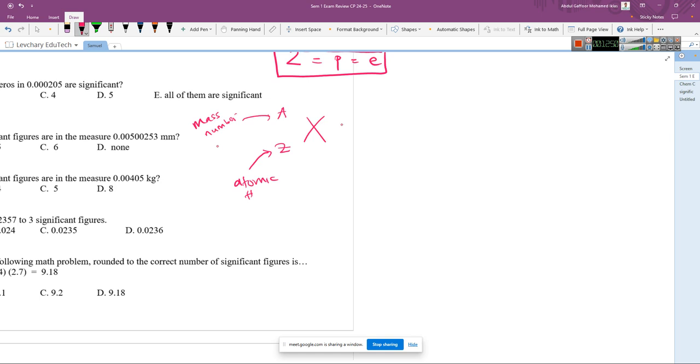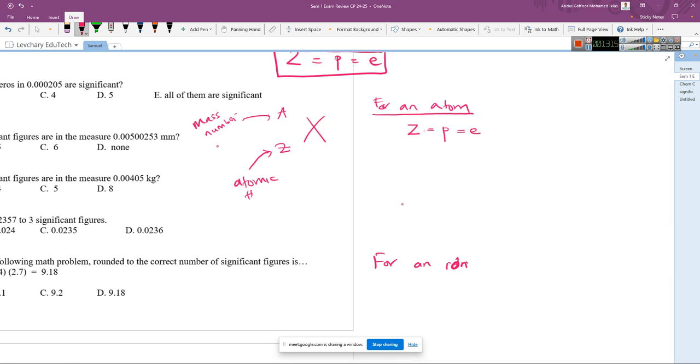Right. So now we have two things: for an atom and for an ion. For an atom, the atomic number Z is equal to the number of protons, which is equal to the number of electrons.